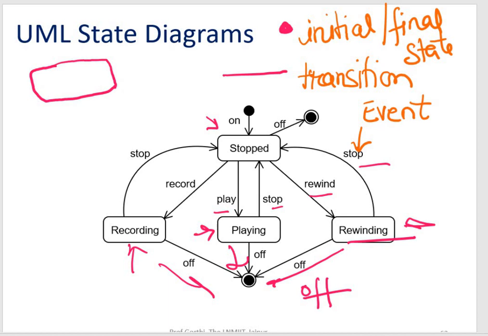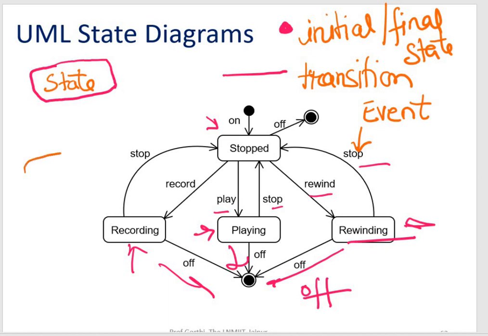The solid arrows are used to represent the transition, or the change of control from one state to another. The arrow is labeled with the event which causes the state change.